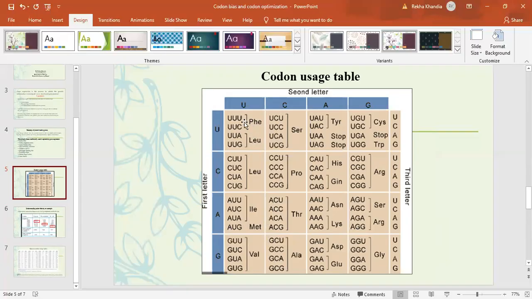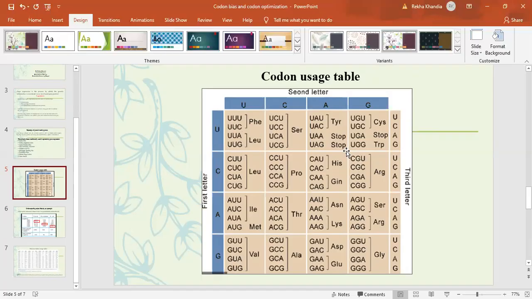For example, for phenylalanine there are two triplets. For leucine, there are six triplets, four here and two here. Similarly, for isoleucine, three triplets are here. For valine there are four, and likewise. And for stop codons there are also three triplets. So here we can see that a single amino acid may be coded by more than one codon.